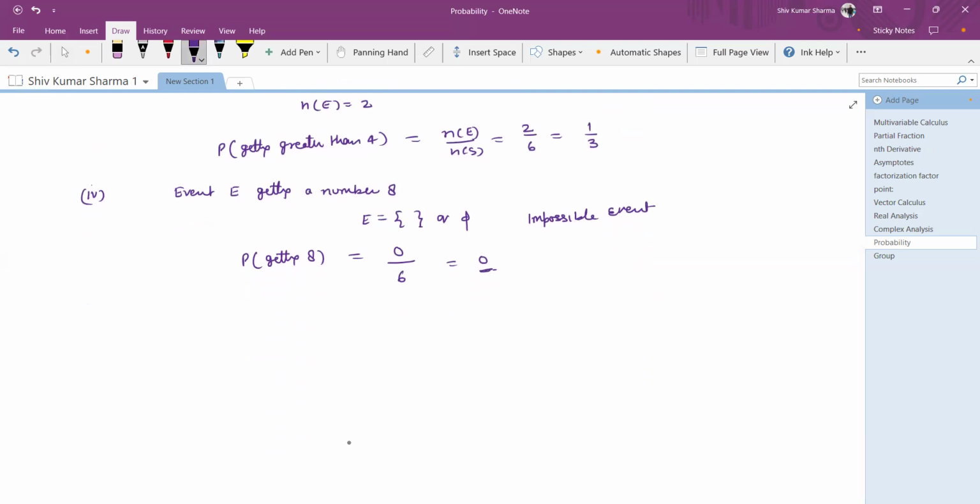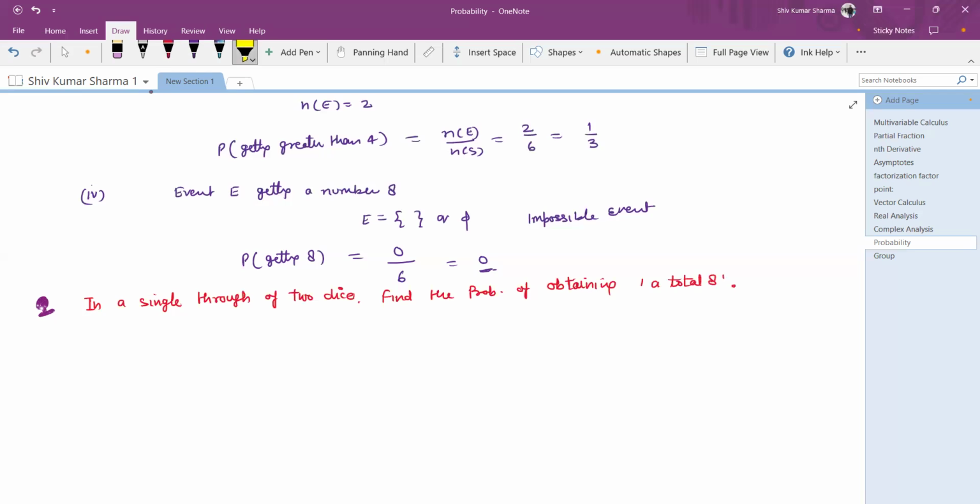Now we take the other example. In a single throw of two dice, find the probability of obtaining a total 8.